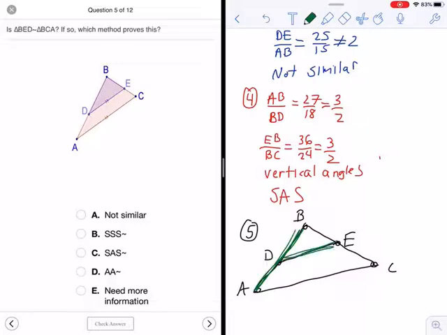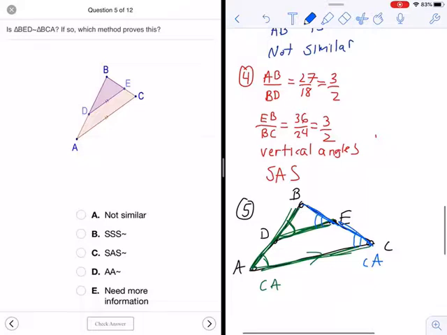We got parallel lines, DE and AC. That's what those arrows mean. Notice that we have corresponding angles right here, and similarly over here, these would be corresponding angles. So these two triangles are going to be similar by angle, angle. Check answer. Good.